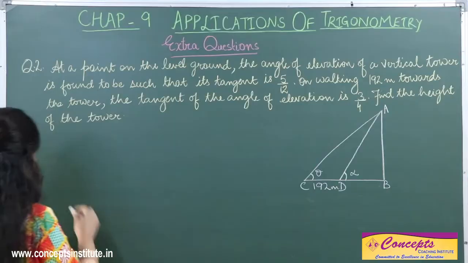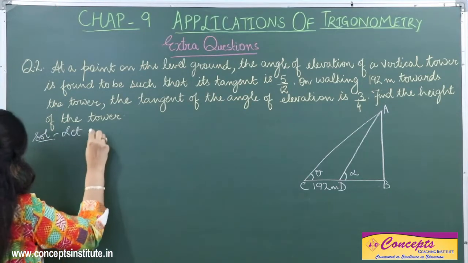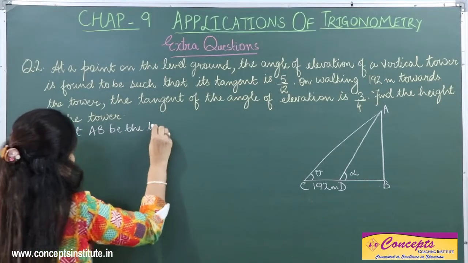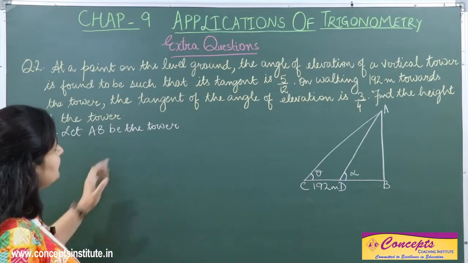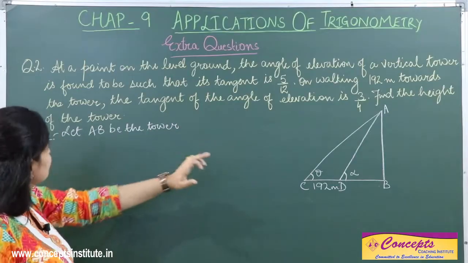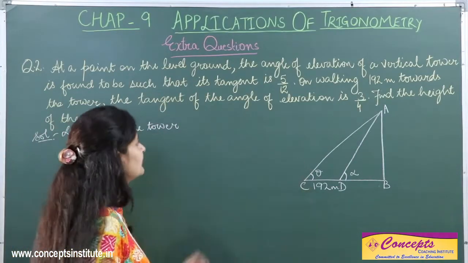So let's just write what is given to us. So I am going to write, let AB be the tower, right? Now students, it is given to me that from a point on the level ground, the angle of elevation of vertical tower is found to be such that its tangent is 5 upon 12.